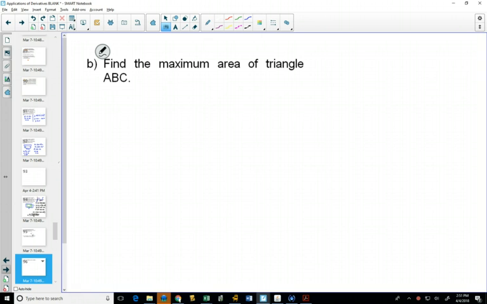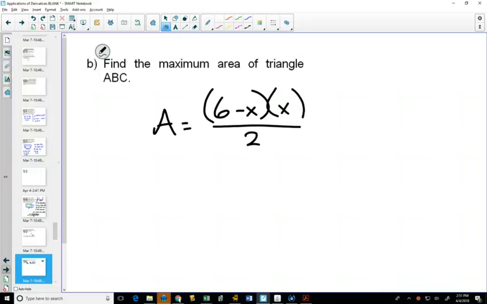All right, how did you do? Did you get your area formula to look like that? Now, multiplying things out, you're going to get 6x minus x squared all over 2. I'll write that out.